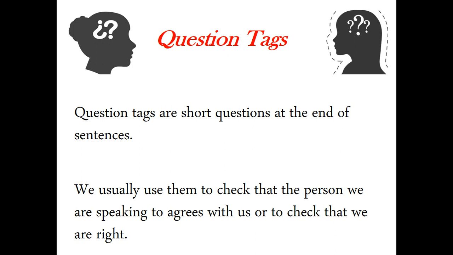We usually use them to check that the person we are speaking to agrees with us, or to check that we are right. So we use question tags to make sure that we are right or not.